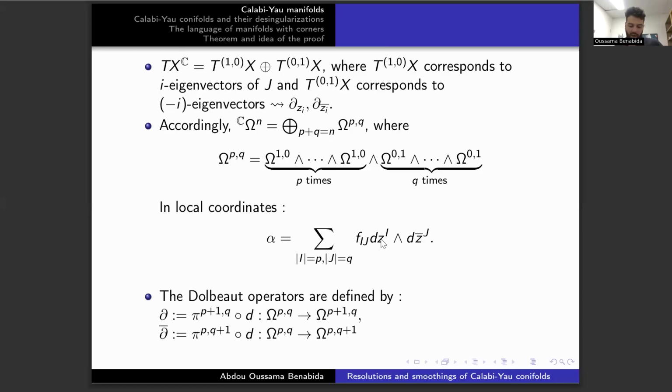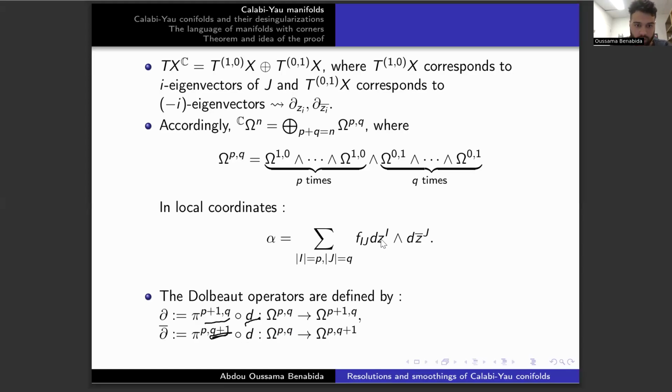Then we have what we call the Dolbeault operators. We look at the exterior derivative d, and we project onto the (p+1, q) part. This is called del, the del operator. And the del bar operator is projecting onto the (p, q+1) part.